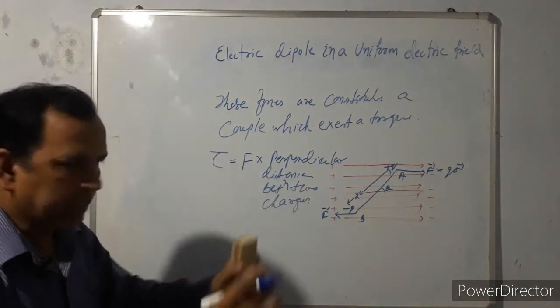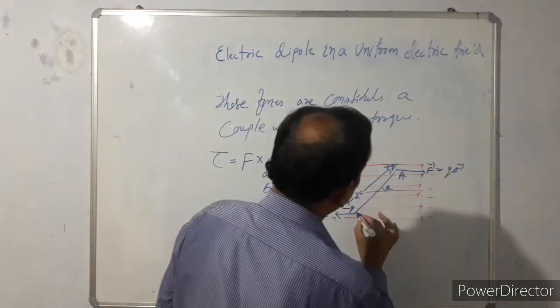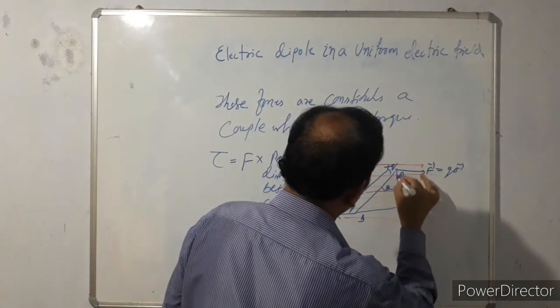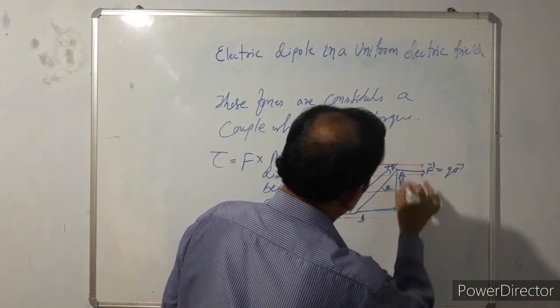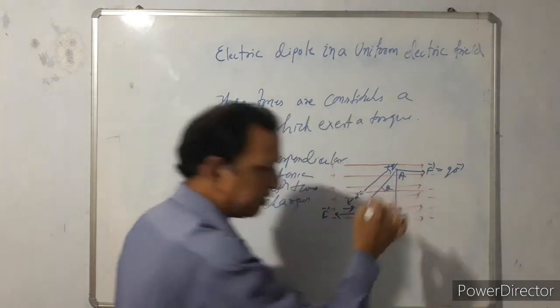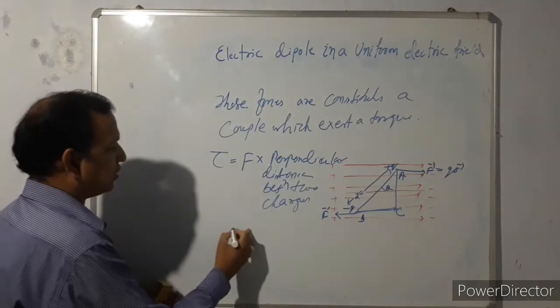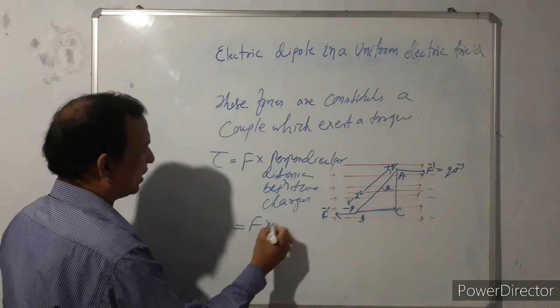So what is the perpendicular distance? This is the perpendicular distance AC. So torque is equal to F into AC.